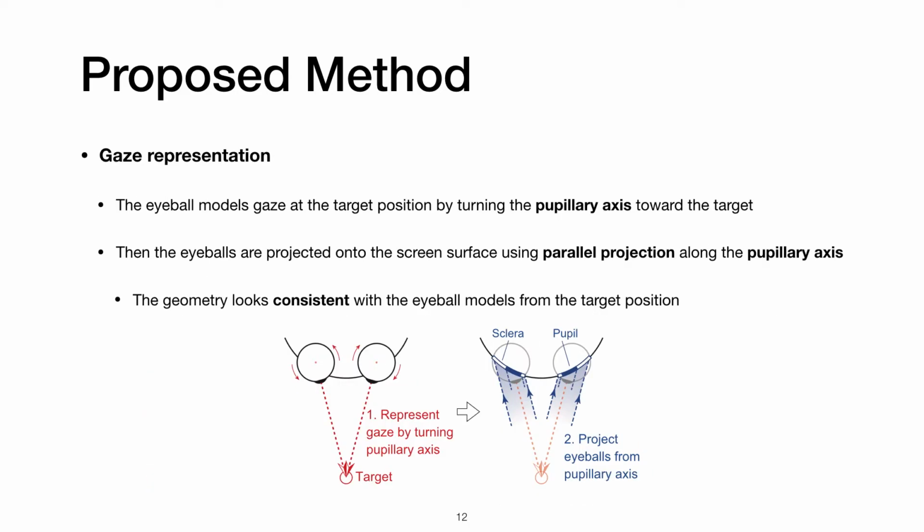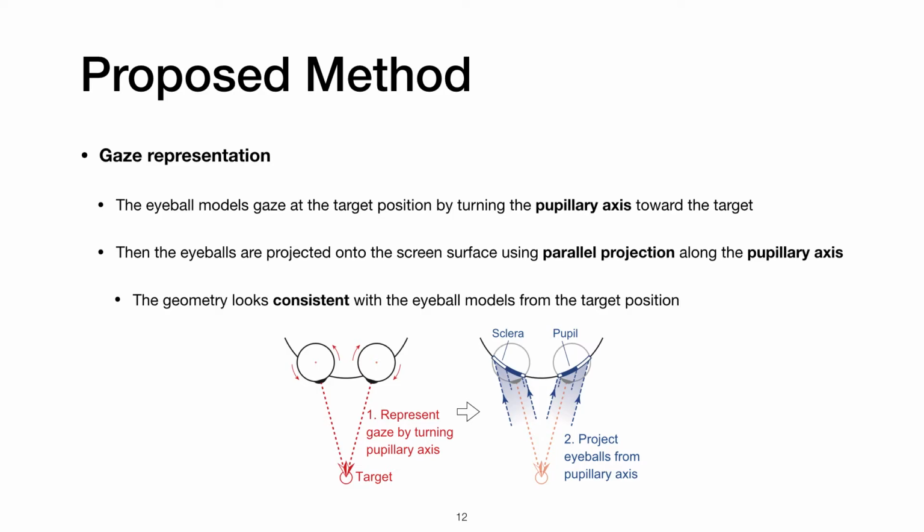We also implemented a gaze representation method. We put eyeball models onto the virtual ellipsoid screen. We make the eyeball models gaze at the target position by turning the pupillary axis towards the target.